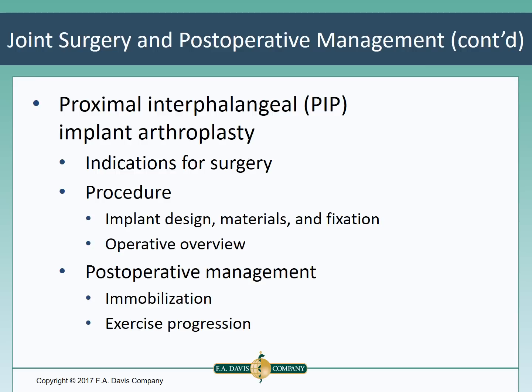So usually the wrist is going to be put at about 15 degrees of extension, and the MP joint is going to be in about 20 degrees. With that precaution, during range of motion exercises, if you think about that PIP, it only flexes and extends. We really want to avoid the lateral and rotational stretches of the operated joint, because that could compromise the stability of that new prosthesis.